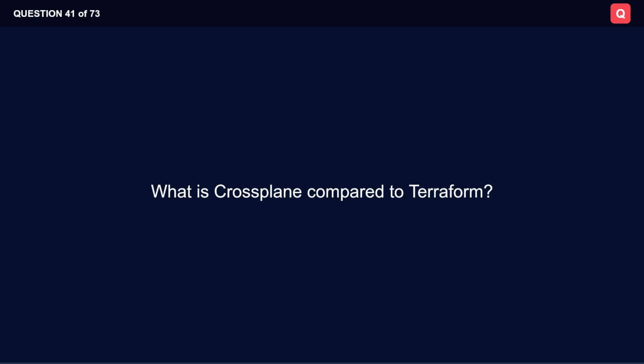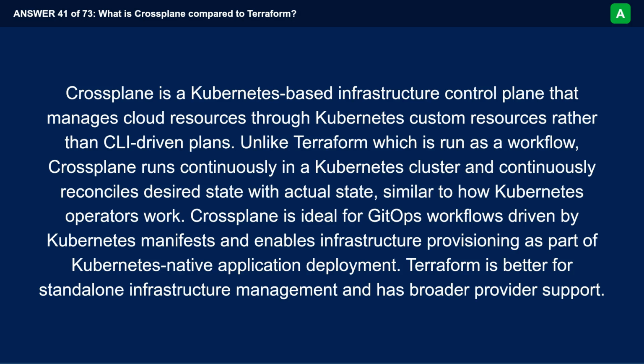What is Crossplane compared to Terraform? Crossplane is a Kubernetes-based infrastructure control plane that manages cloud resources through Kubernetes custom resources rather than CLI-driven plans. Unlike Terraform, which is run as a workflow, Crossplane runs continuously in a Kubernetes cluster and continuously reconciles desired state with actual state, similar to how Kubernetes operators work.